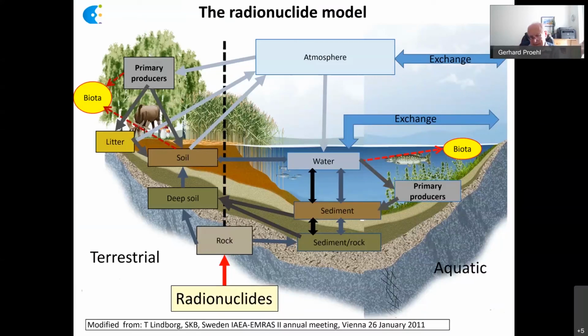Or also see aquatic pathways: you have migration to the rock, then to the sediments, to bottom sediments, to water, and if you grow fish or something like that, it may cause a dose.